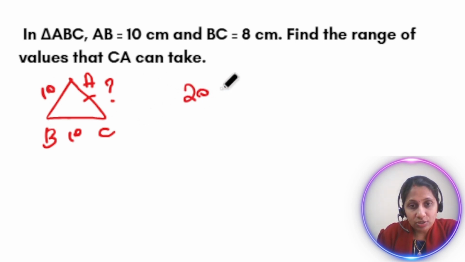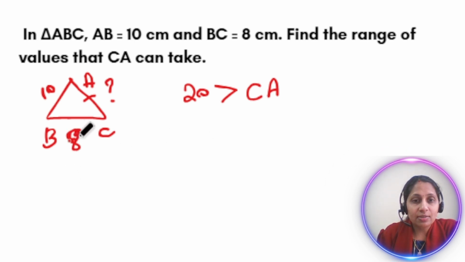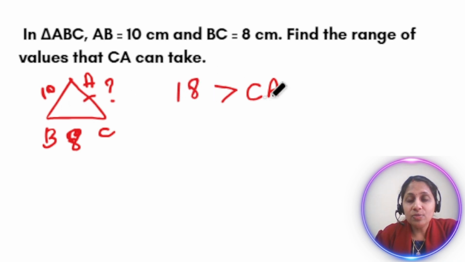So this should be greater than your CA, right? And the difference, okay, sorry, this is 8. So it should not be 820, it's 80. So 18 should be greater than CA, which means the length of CA should be less than 18.